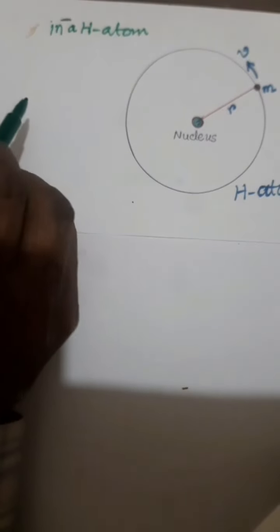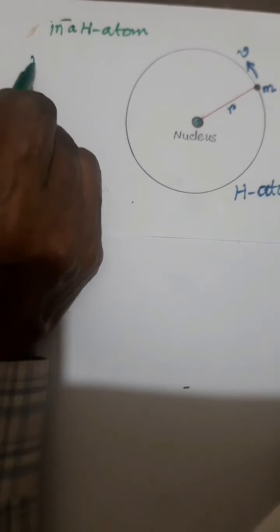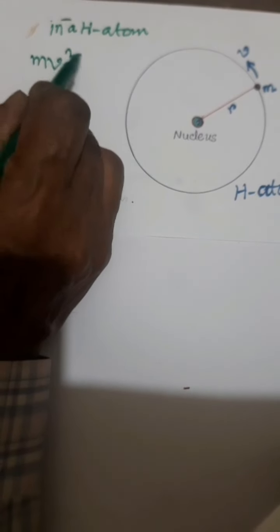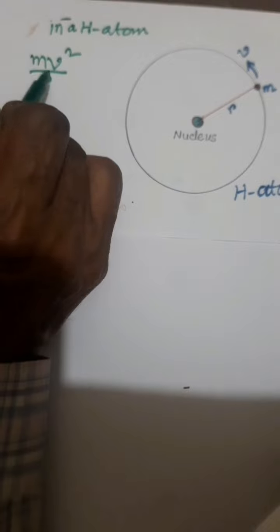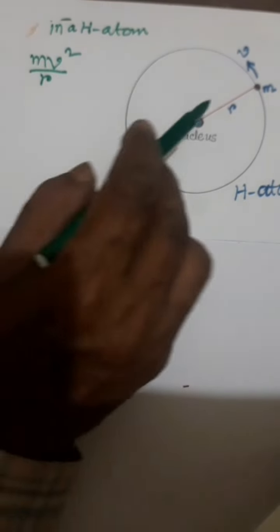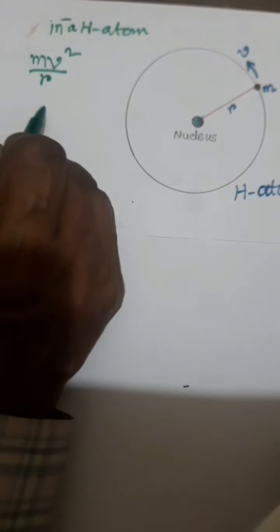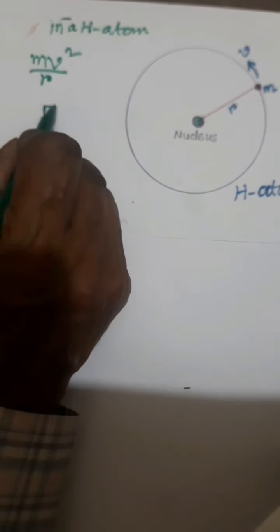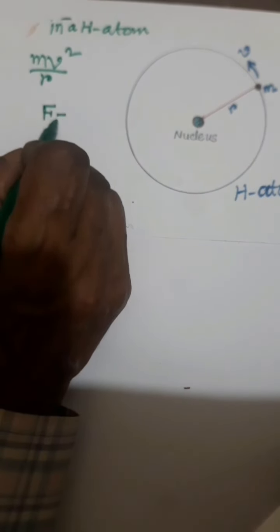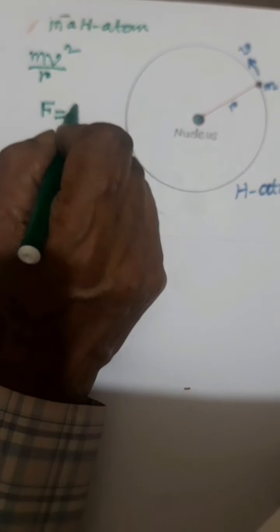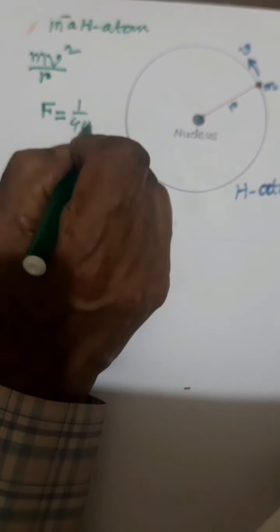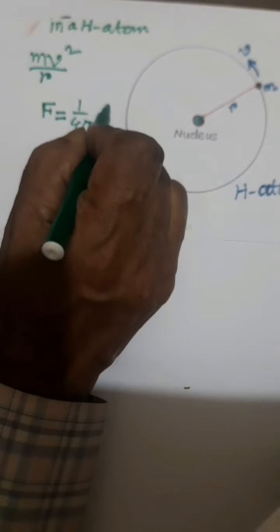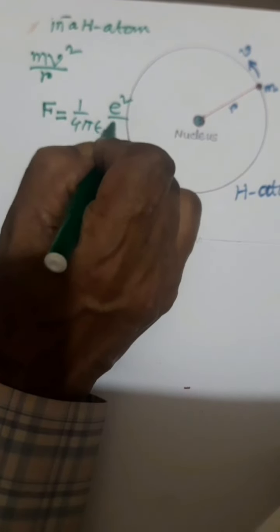The necessary centripetal force mv square by r is provided by the electrostatic force on the electron, F equal to 1 by 4 pi epsilon naught e square by r square.